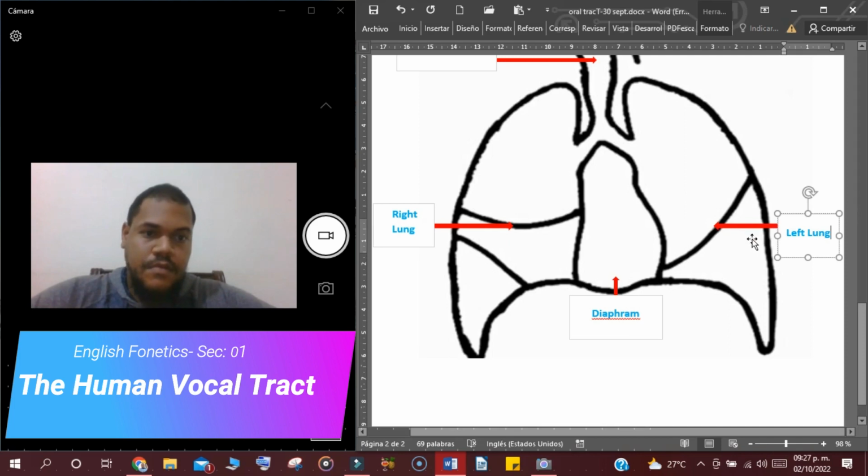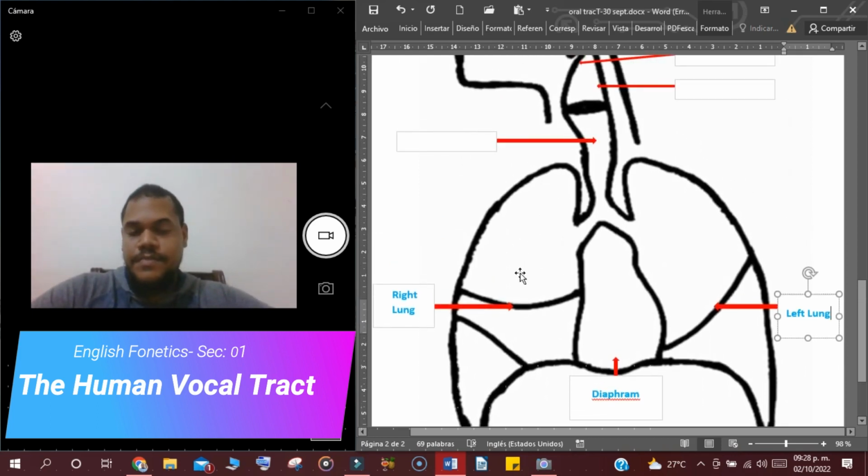The function of the lungs is that they are the initiators. The air that comes from the nose to your lungs is held in those places in the lungs.